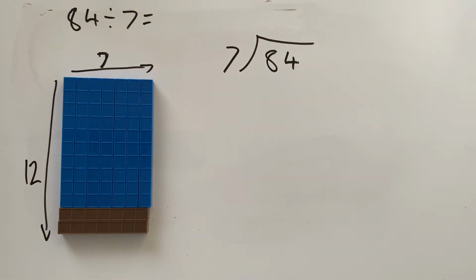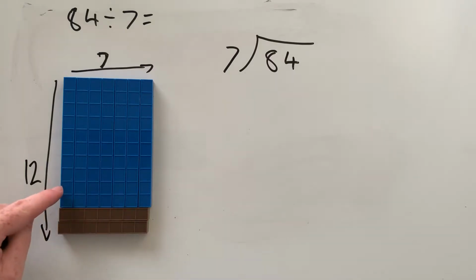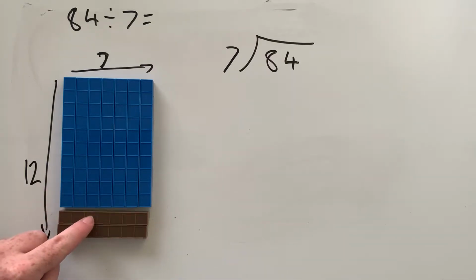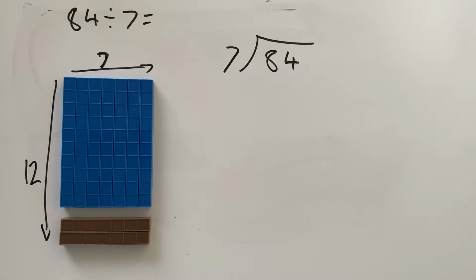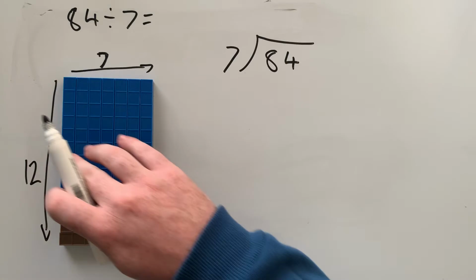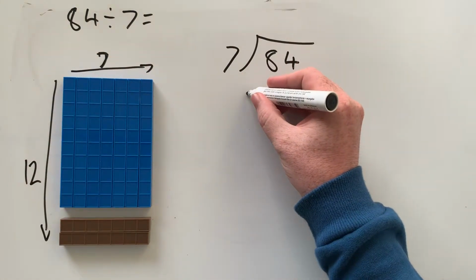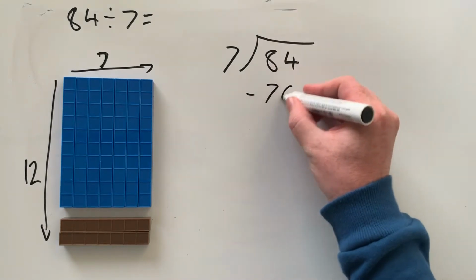Now another reason why this is a really good trick is because once you go from the tens blocks to the ones blocks, you can start to see the relationship between long division in the algorithm form. So here, 7 times 10 is 70.